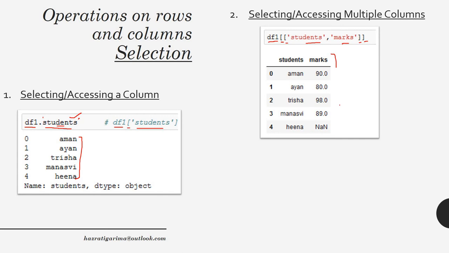In this way you get the output of these 2 columns. So for accessing a single column you can use either method, and for accessing multiple columns you use this method.